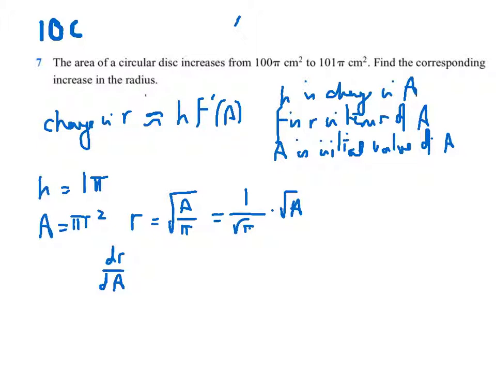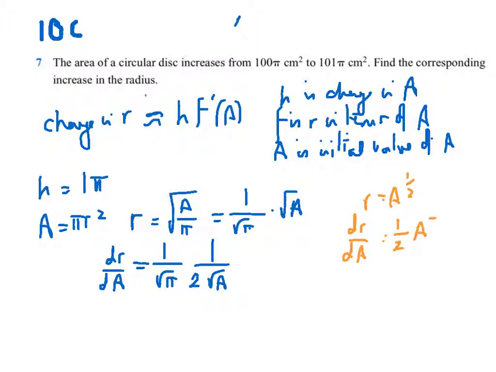So we're going to have to differentiate R by A, and that's going to give us the 1 over root pi sits outside, and the root A, that's A to the power of a half, when you differentiate that becomes 1 over 2 root A. A to the power of a half, let's just remember, if R equals A to the power of a half, then dr by dA equals, the half comes down, and it's A to the minus a half, which is exactly what we have here. This is A to the minus a half, 1 over root A times a half.